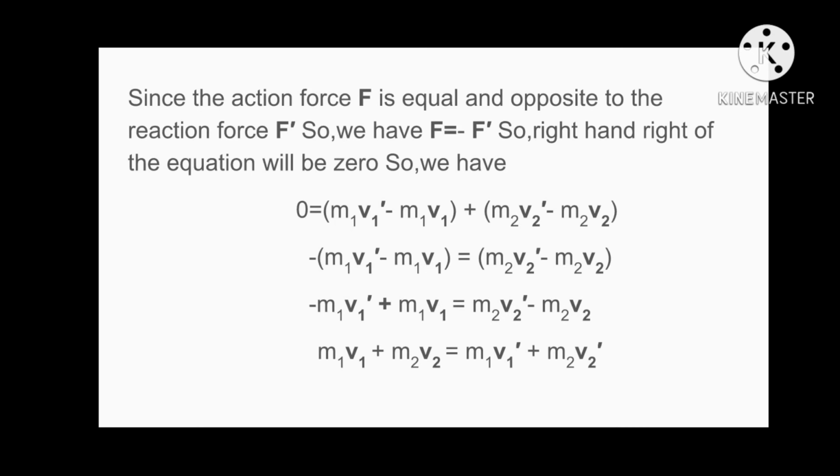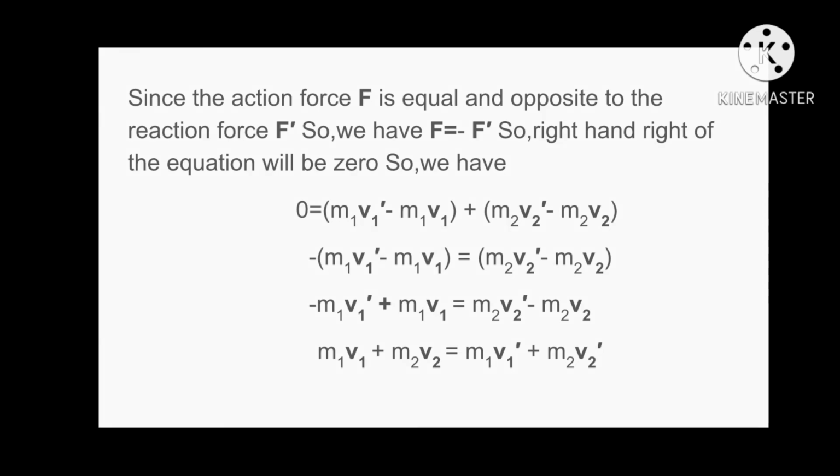Since the action force, which we have represented by capital F, is equal and opposite to the reaction force, which we have represented by F prime, we have F is equal to minus F prime. In physics we always use the negative sign to show opposite forces. So the left hand side of the equation will be 0. So we have 0 is equal to m1 v1 prime minus m1 v1 plus m2 v2 prime minus m2 v2.